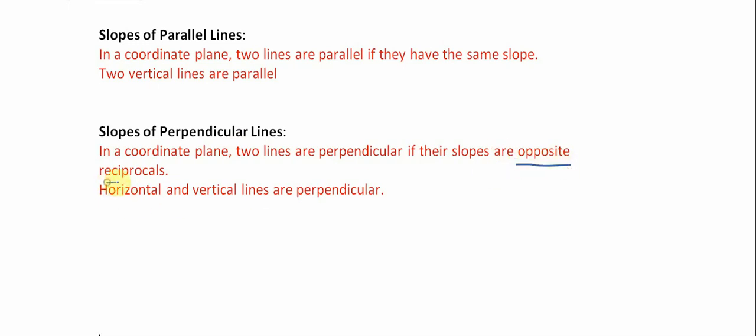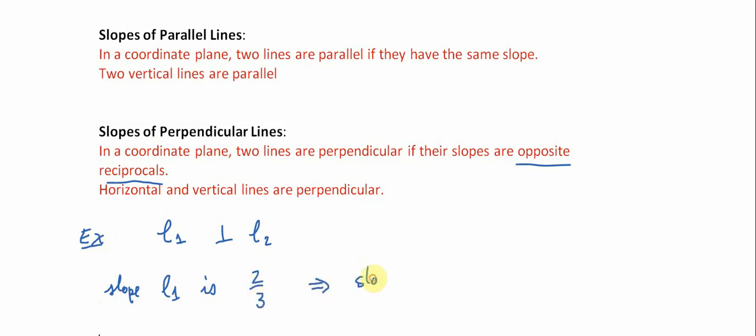Okay, so let me give you a quick example. Let's say we know that L1 and L2 are perpendicular to each other. Remember, this upside down T means perpendicular. So if the slope of L1 is, let's say, 2/3, then the slope of L2 is the opposite reciprocal.